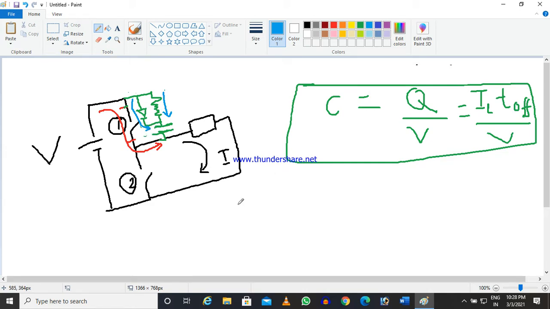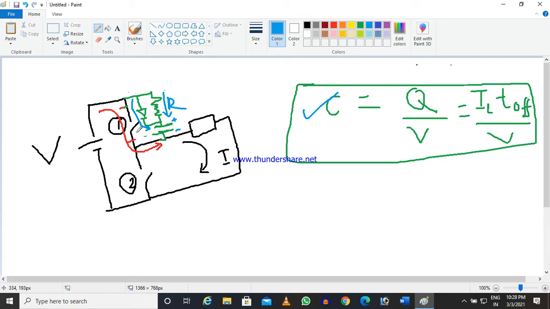Always the current will follow the least resistance path. As there is a resistance R, it will not come through this during charging. It will come through the diode and get charged, which will follow this equation. Now while it is getting discharged, once it is charged the polarity is like this.